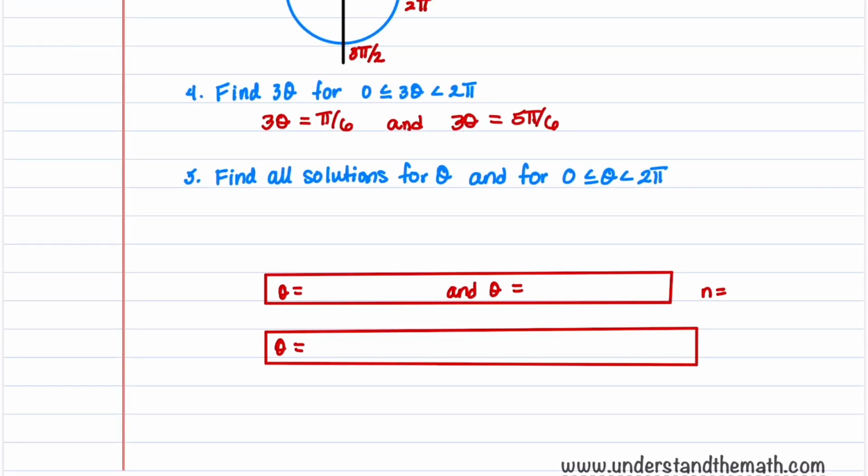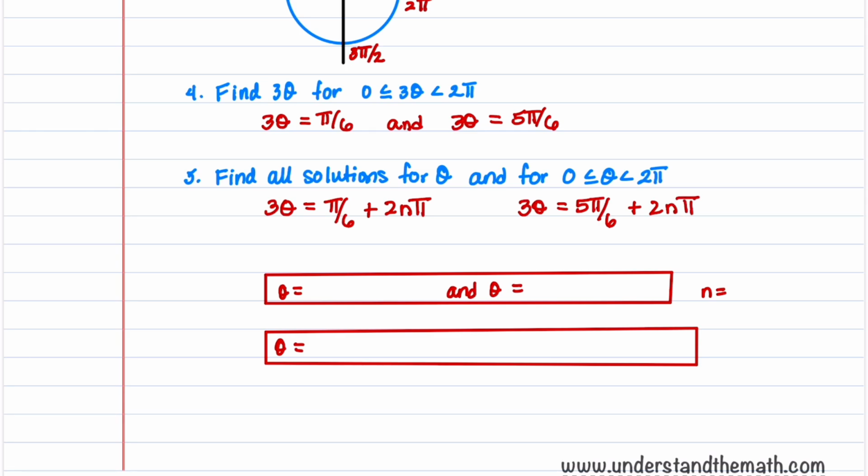To find all solutions for theta, we'll start with 3 theta is equal to pi over 6 plus 2n pi, because sine is 2 pi periodic, and then we'll have 3 theta is equal to 5 pi over 6 plus 2n pi.